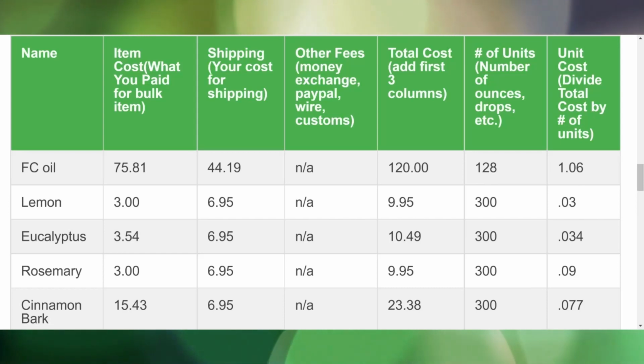Now, again, I carried it over a little bit to 0.34 so that when you start multiplying the drops, you're able to bring that price up a little bit because you want to keep it as accurate as possible. I did the same for rosemary. You can see I did the same thing here. The cinnamon, a little more expensive, but again, it's a good product. Clove bud I added in.